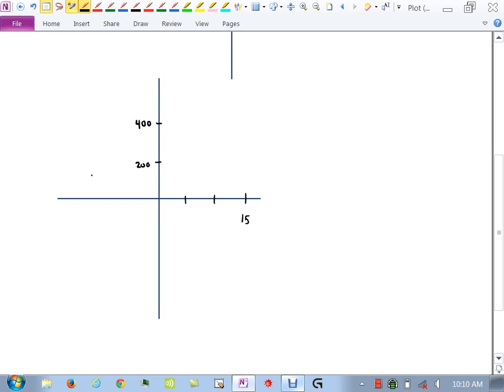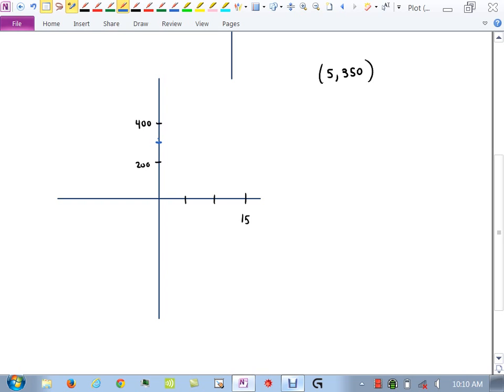Then on the x-axis, each one of those dashes is how much? 5, right? Because you have to count out here 5, 10, 15. So each one of those is 5. And let's say I'm still trying to plot that point, 5, 350. Then where's 350? Well, wouldn't you say right between 200 and 400 is 300?